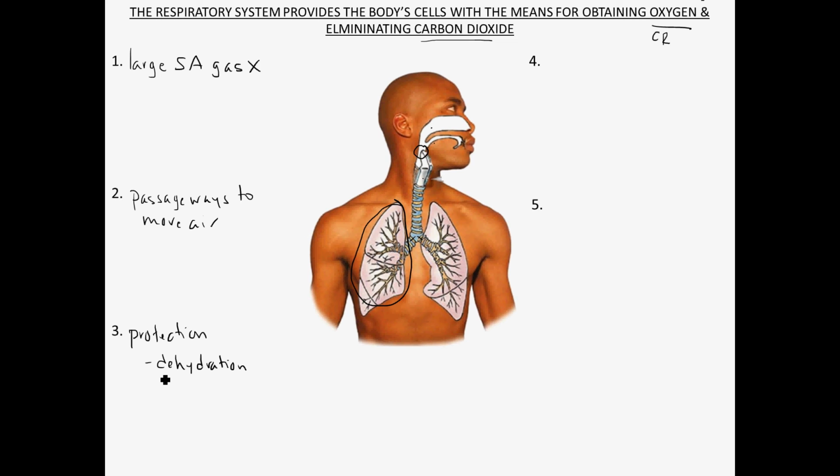So there are mechanisms in place to protect against dehydration and against temperature changes. Especially this time of year, when I'm making this, it's winter and extremely cold, and that extremely cold air will irritate some people's ability to breathe and exchange oxygen and carbon dioxide.